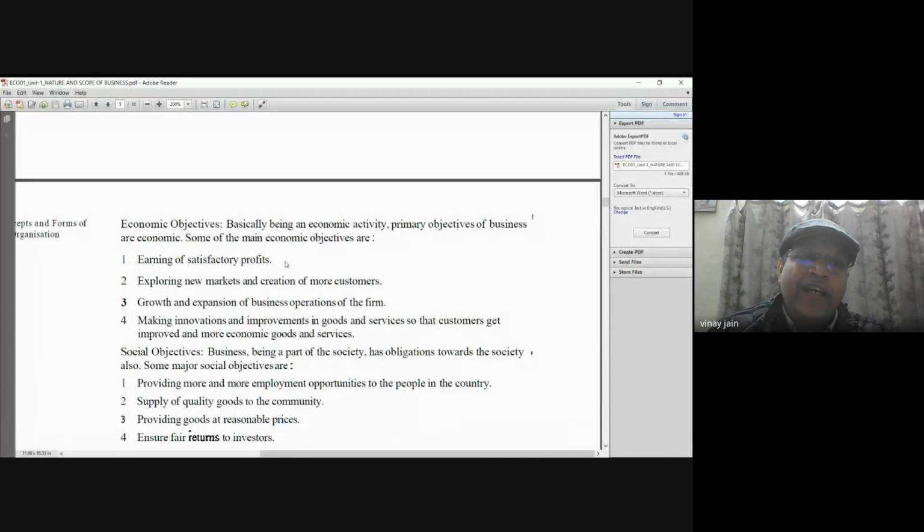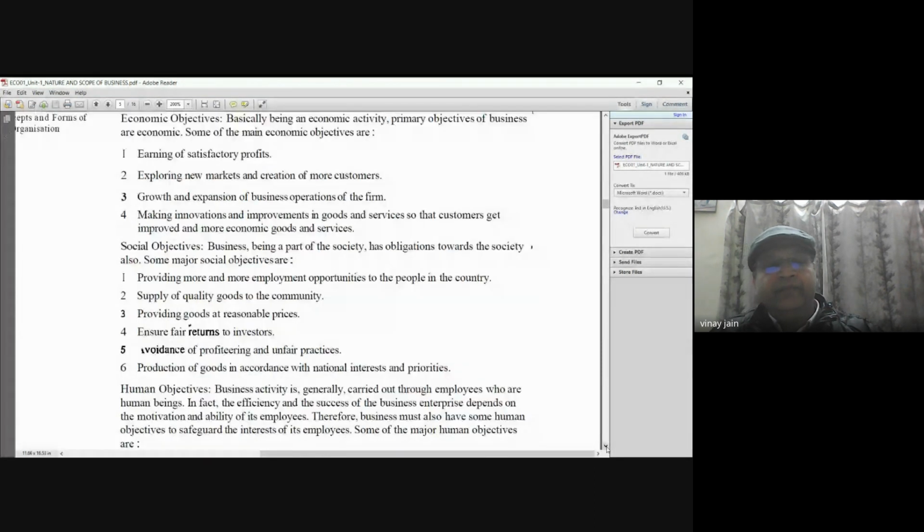You are providing employment opportunity to those persons who are not able to start their own business, maybe lacking the skill, maybe lacking the funds, maybe lacking so many things or background. So social objective also plays an important role in the business.